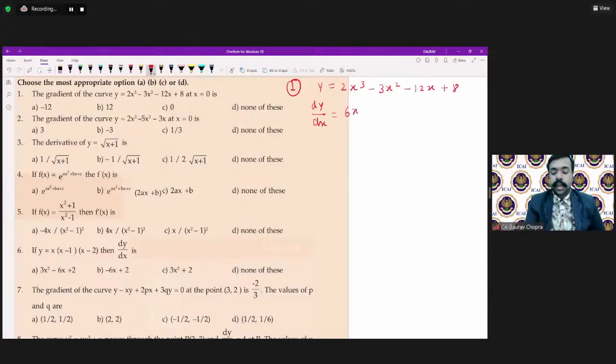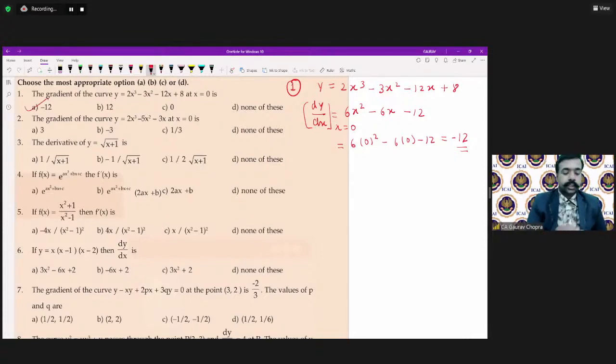So 6x square minus 6x minus 12. This is the derivative. Now we have to test at x equal to 0. Let us put the value: 6 multiplied by 0 square minus 6 into 0 minus 12. How much are we getting? We are getting minus 12. So minus 12 is the result.